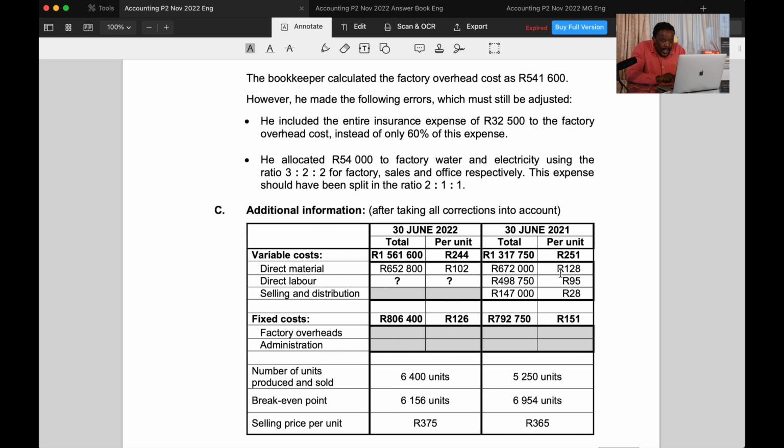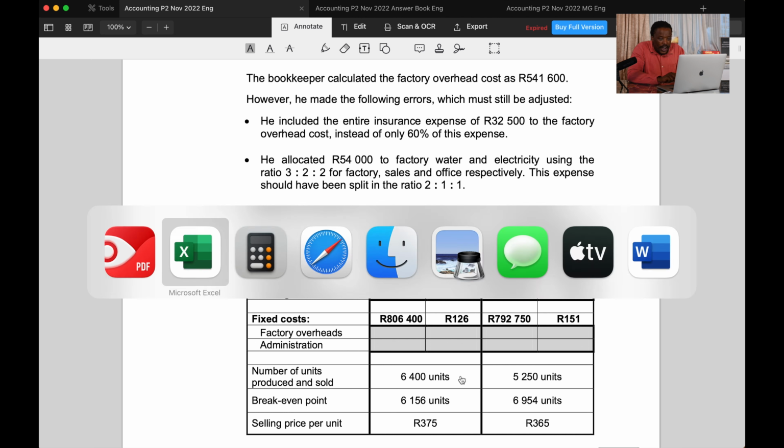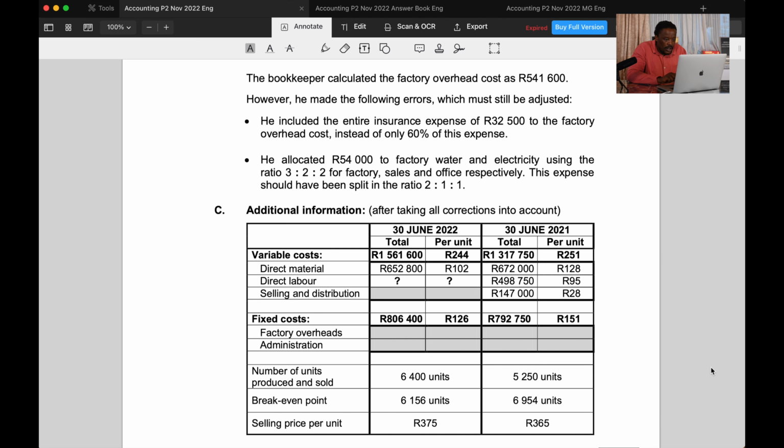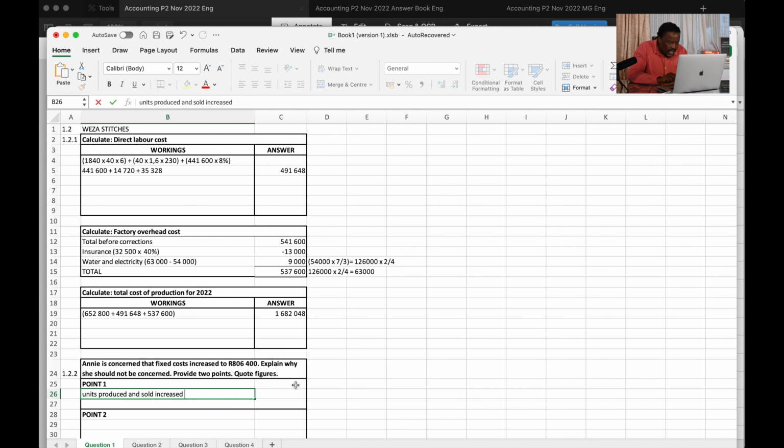You look at them to say, okay, where is it? 6,400 minus 5,250. You write that 6,400 on your calculator quickly, minus 5,250. And you have 1,150. And you tell the examiner, by 1,150.